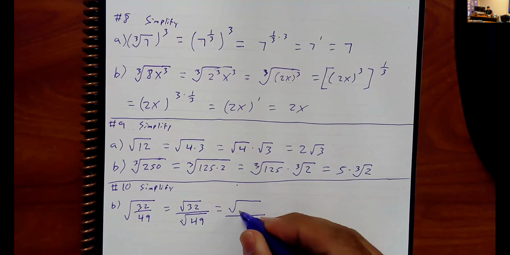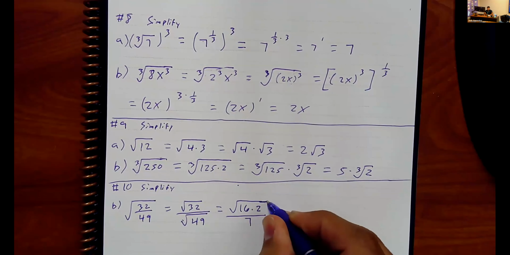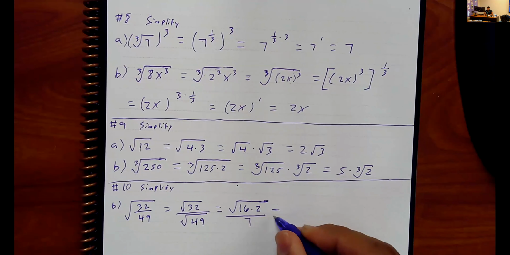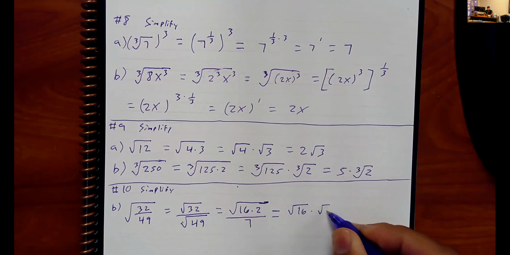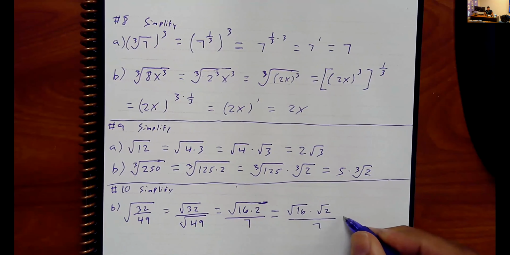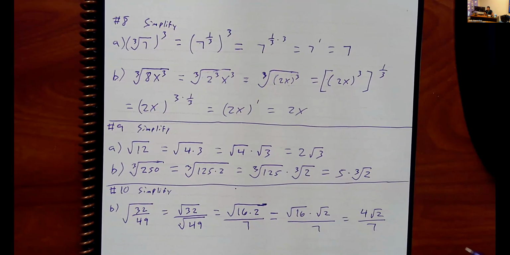Yeah. So we want to choose this one. Otherwise, we'll have to do more work. 4 would not mess you up. You just have an additional step. So separate it. That will be 4 root 2 over 7.